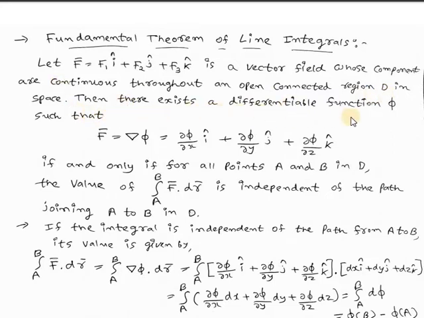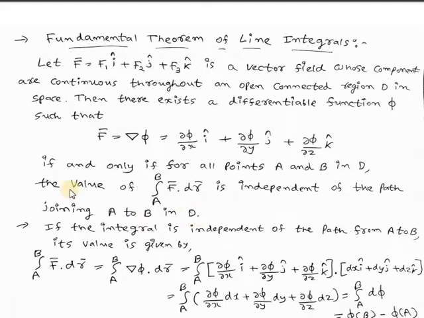Then there exists a differentiable function phi such that f bar is equal to gradient phi. Now what is gradient phi? Gradient phi is defined as del phi by del x i cap plus del phi by del y j cap plus del phi by del z k cap. f bar is equal to gradient phi if and only if, for all points A and B in region D, the value of the line integral is independent of the path joining A to B in region D.